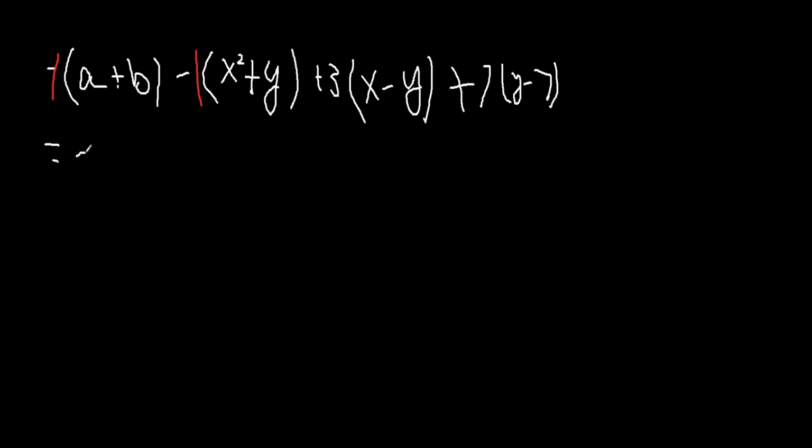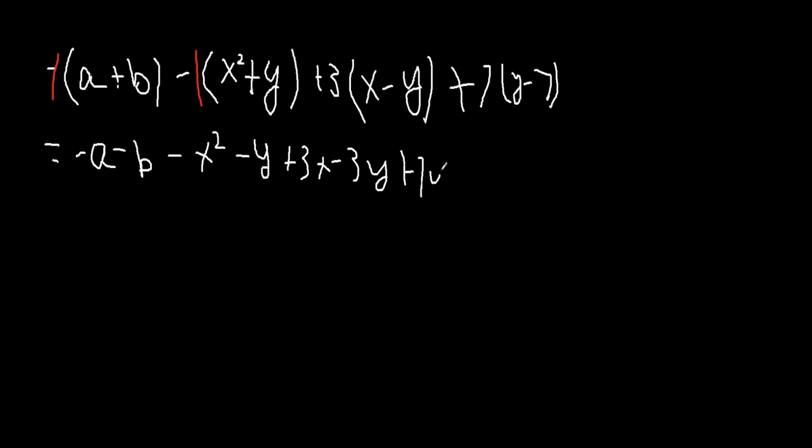So that gives us negative a minus b minus x squared minus y plus 3x minus 3y plus 7y minus 49, because that's 7 times negative 7.